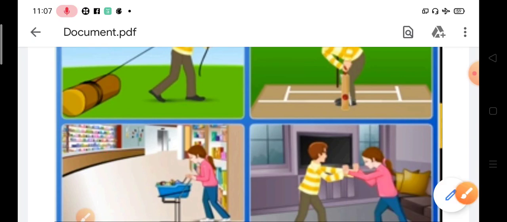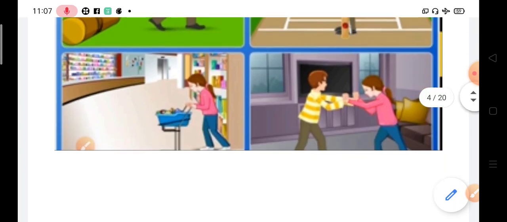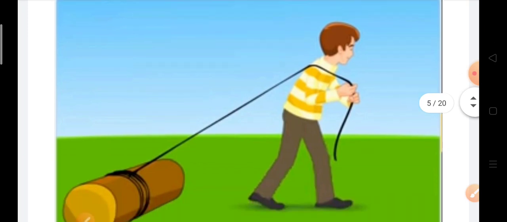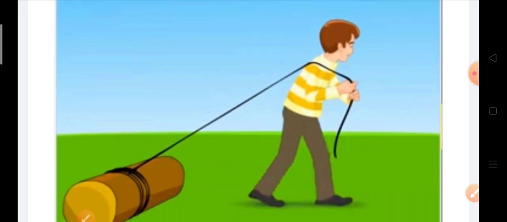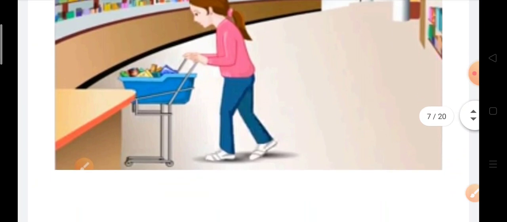In all these 4 pictures you find that they are applying force. They are pulling each other or pushing each other. This boy is pulling this log of wood. Then this boy is hitting the ball with the bat. Then this girl is pulling the load.